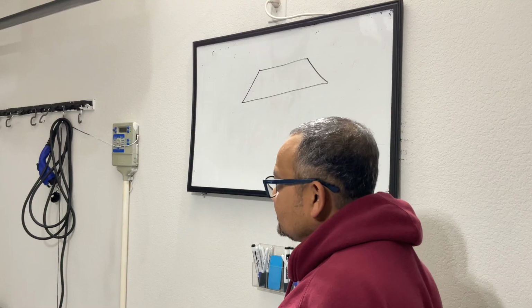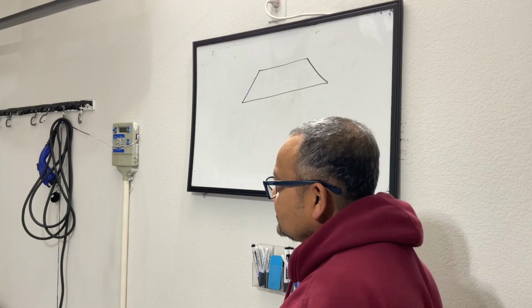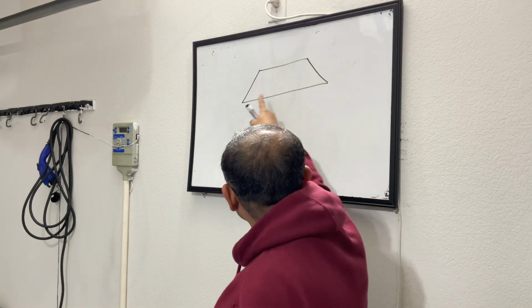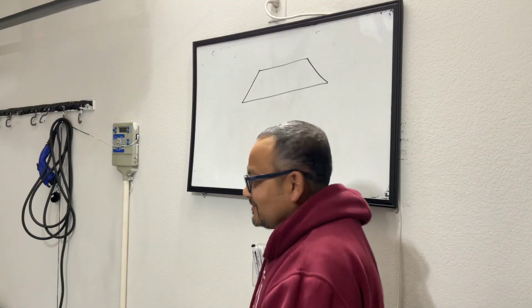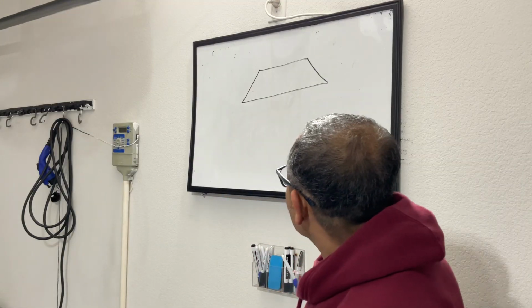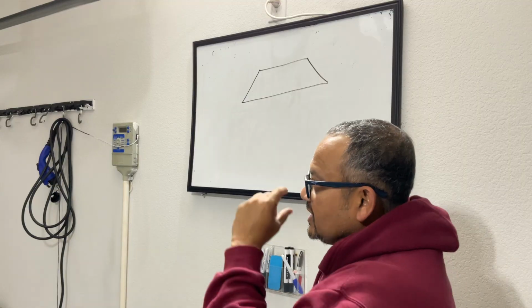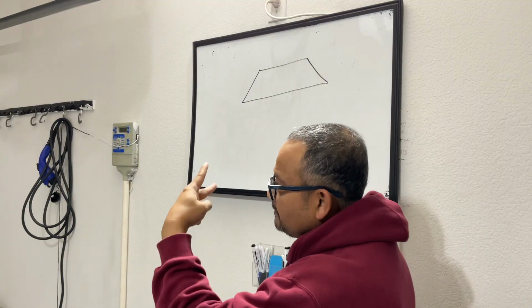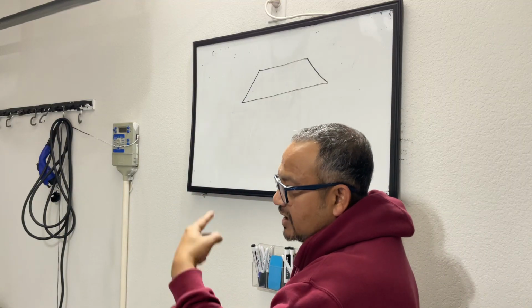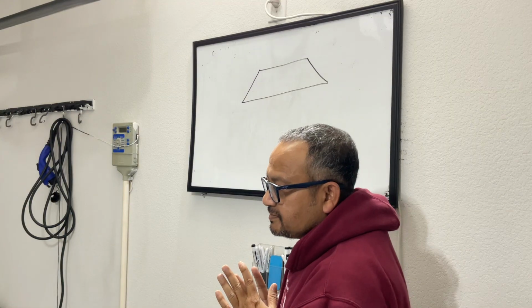The two side angles are the same, equal to each other. No. The only one line definition of a trapezoid is it has only one pair of lines parallel to each other and they are not of the same length.